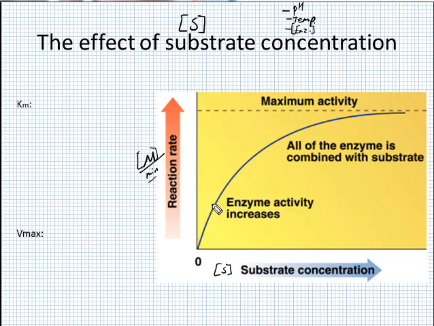And it increases almost linearly as the substrate concentration increases, at least for a while, and then it levels off. We get to a point where it levels off, and they call this maximum activity. This is also known as Vmax. Vmax here. It stands for velocity, the maximal velocity.